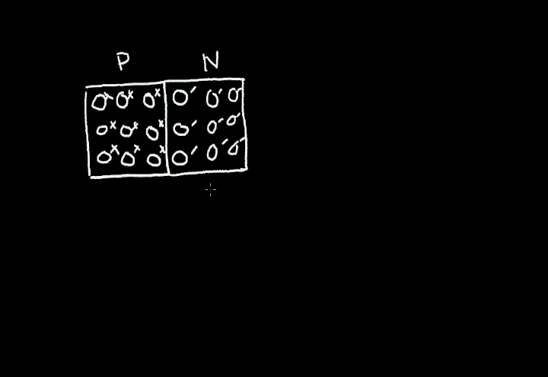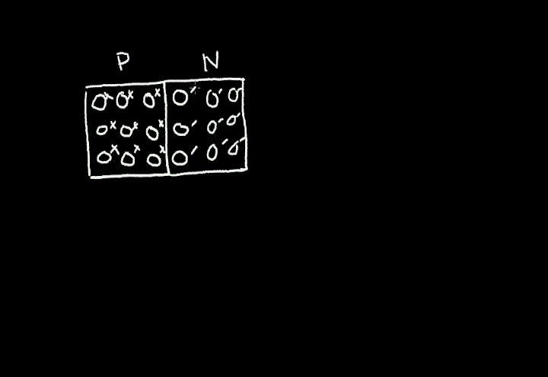Now by diffuse, think of it as like dropping a drop of black ink into a clear glass of water. That drop, as it goes into the water, it's going to diffuse out and eventually fill the whole glass. Now a similar thing happens in this PN interface area, but there's something that stops the diffusion, and let's talk about that.